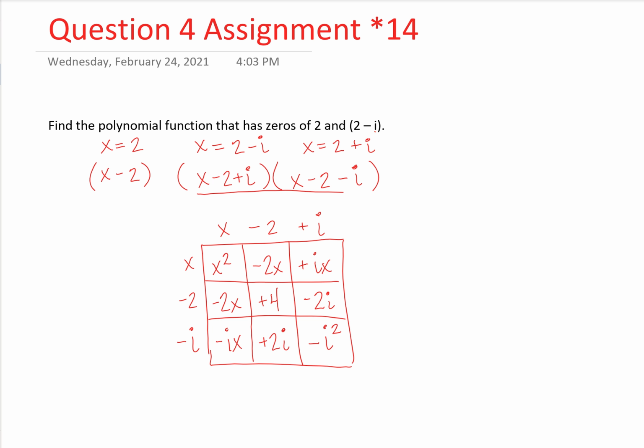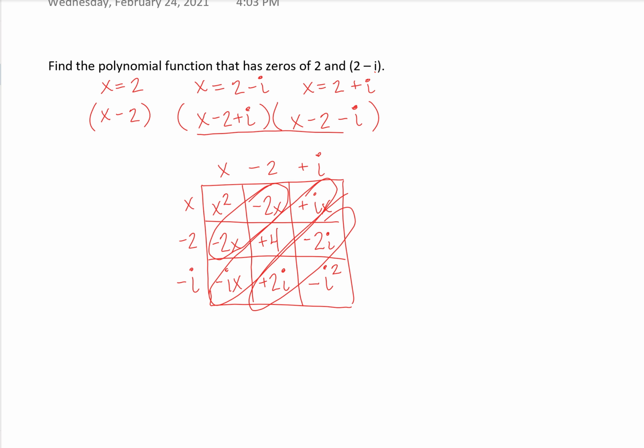Now, just like everything else, I'm going to add diagonally. So these two guys go together. These three, and then these two. Okay, so when I put it all together, I get x squared. This becomes a negative 2x, it becomes a negative 4x. That negative ix and positive ix end up canceling each other out, so all I have is that plus 4 in the middle.